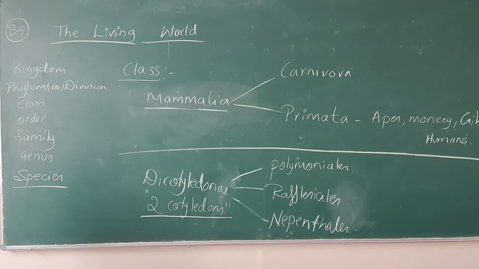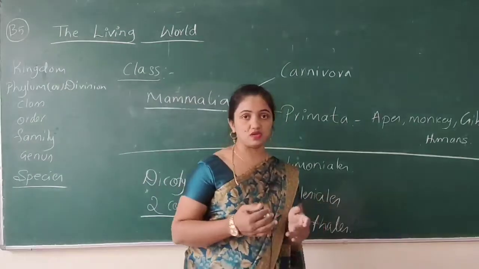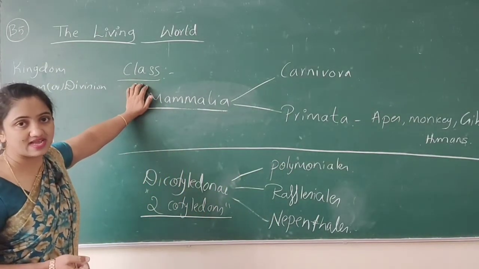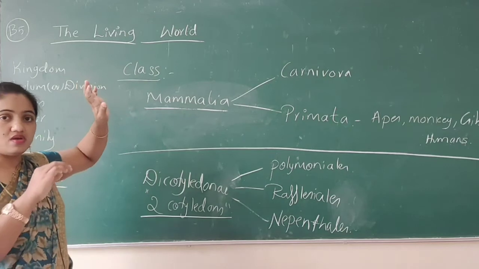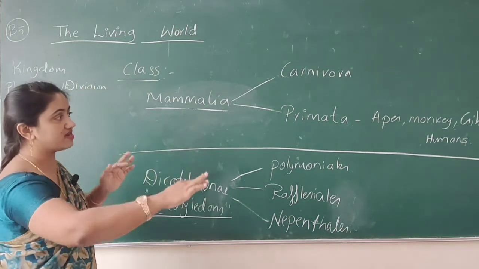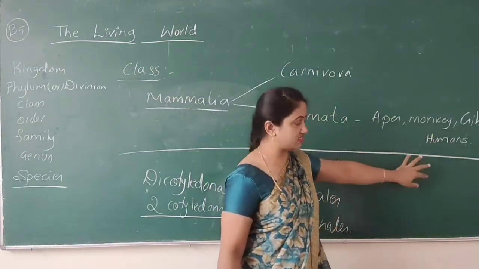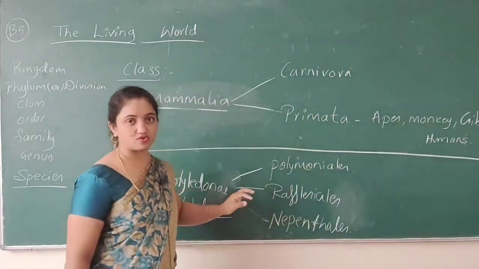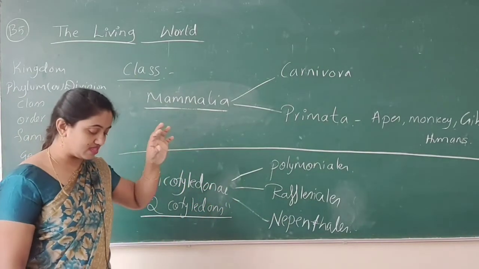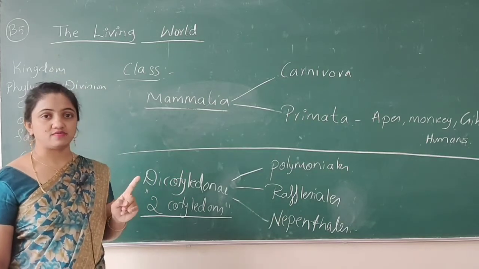Okay, so that's all about the class unit of classification. What is that? Class. A class includes related orders, different organisms. Here we have different organisms, here we have different organisms. All those organisms will have one similar character.